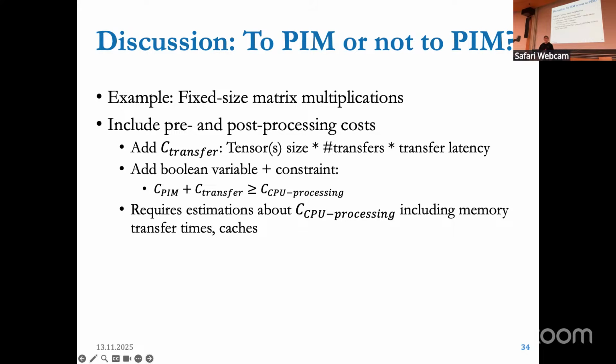So for this, we would need estimations for the CPU processing cost. And this is not a problem that has been solved yet. We could try to estimate it, but the processing memory units are pretty simple to replicate because they only do one thing.